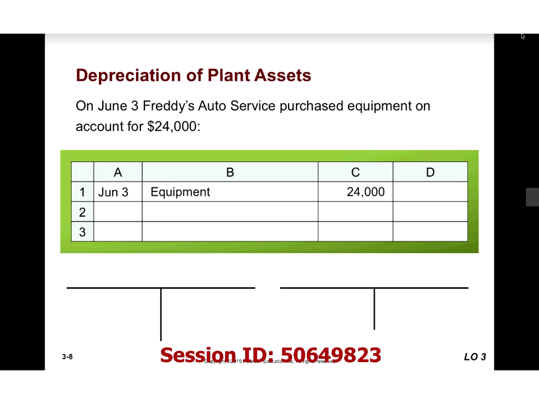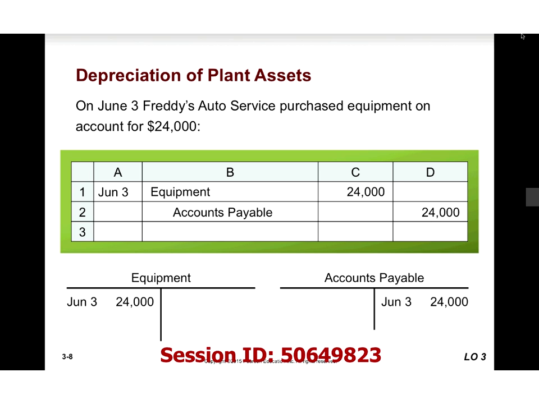In this case, this is the supplier we purchased it from, so it's going to be accounts payable for the $24,000. So our equipment account will have a debit balance of $24,000, and accounts payable, as we post it, has a balance of $24,000. We've got an asset going up and a liability going up. That's what we do when we purchase it.